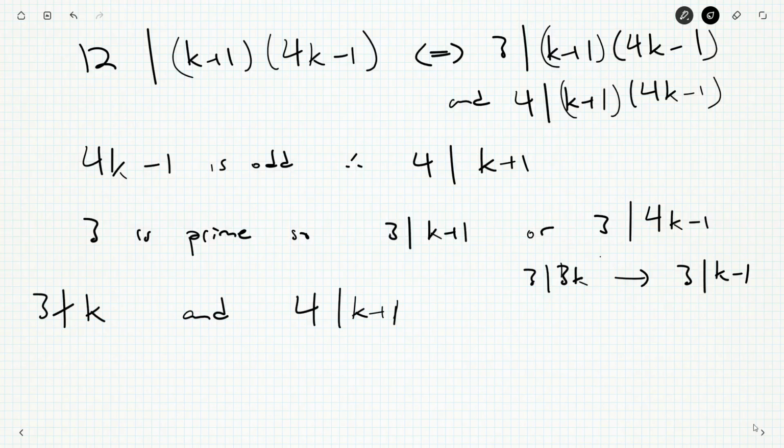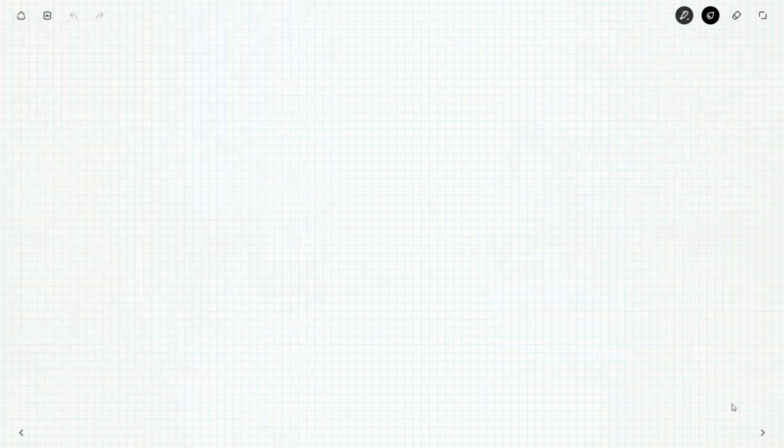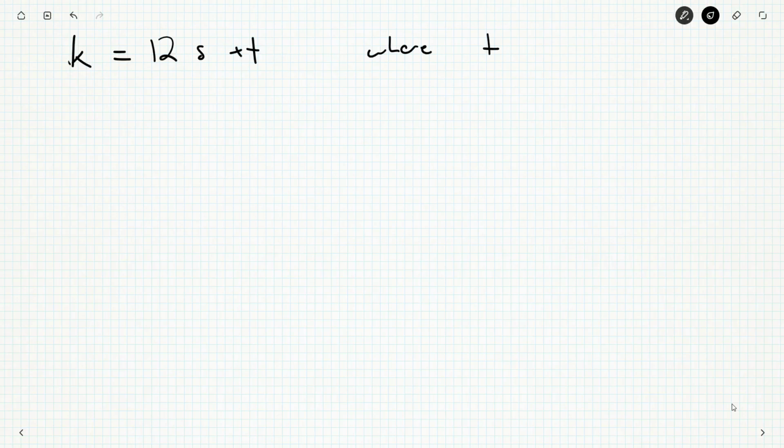Okay, so what can k look like? So k looks like 4s minus 1, but it can't be a multiple of 3. So, what do we want to say? k can be written as 12s plus t, where t is 0, 1, 2, all the way up to 11.